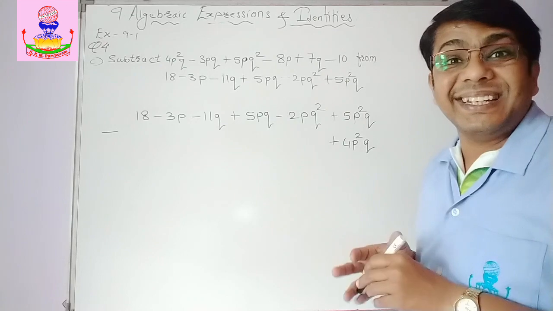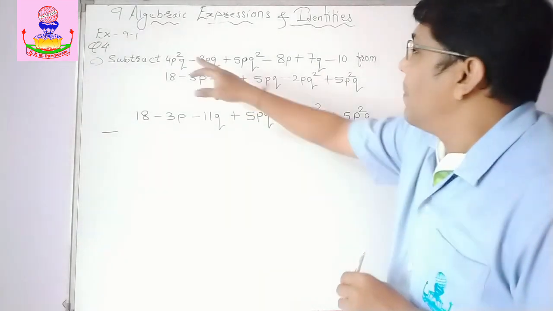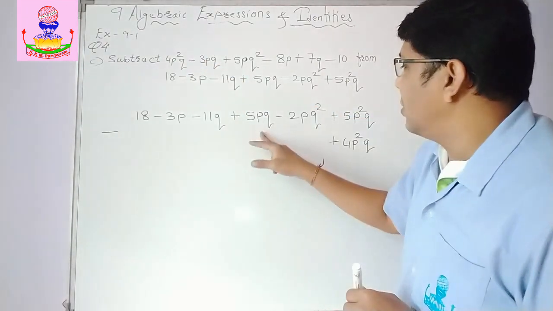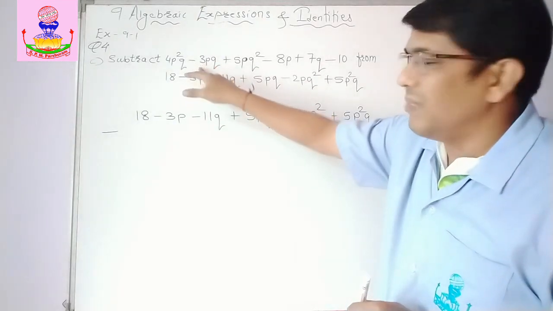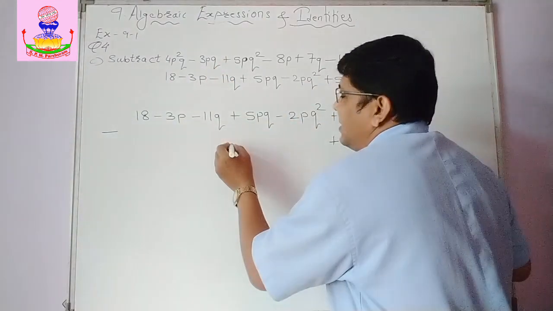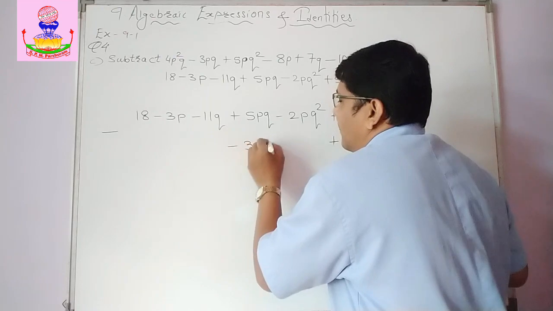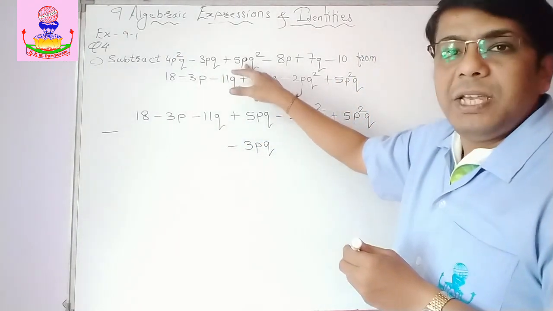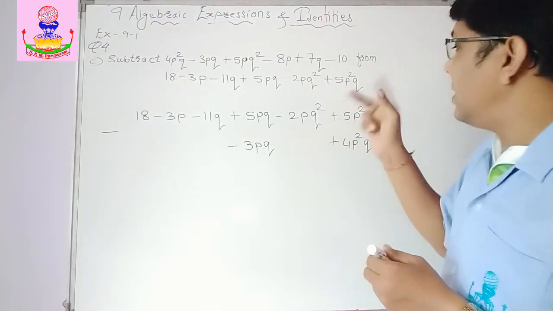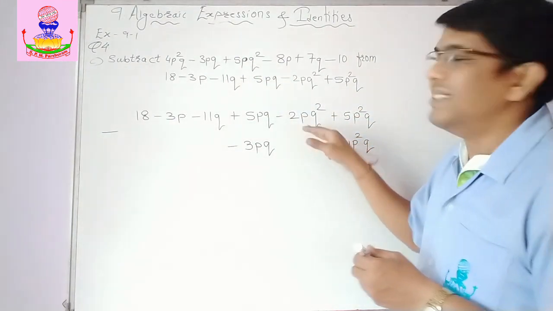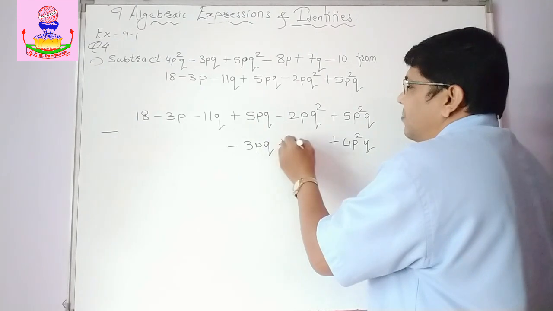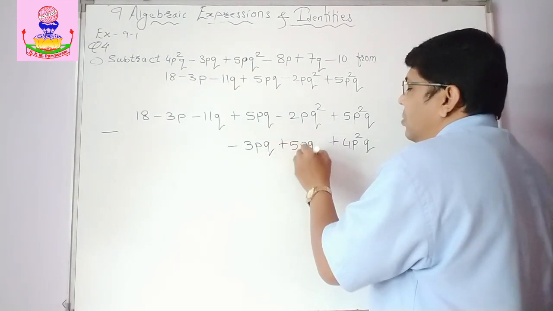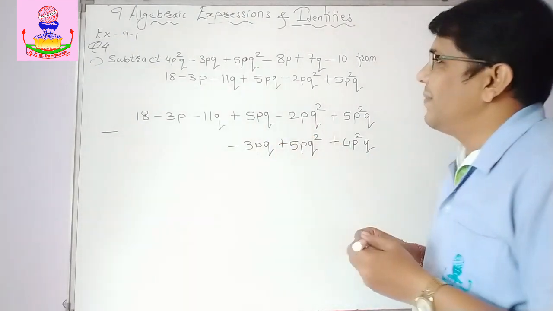See the similar terms, like and unlike terms. That's what it is. Then minus 3pq. Where is pq? Here, along with its sign. So minus 3pq, right? Then plus 5pq square. Pq square, where should it come? Here. So it is plus 5pq square.